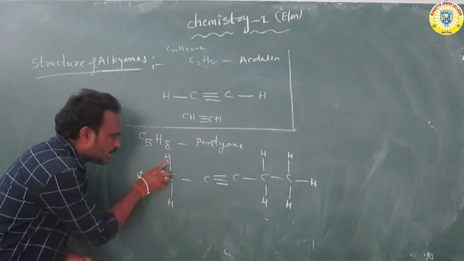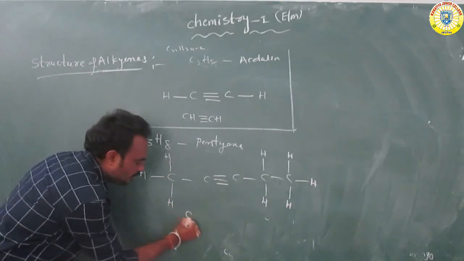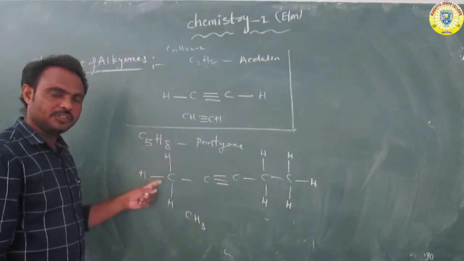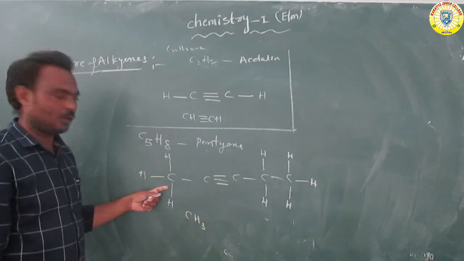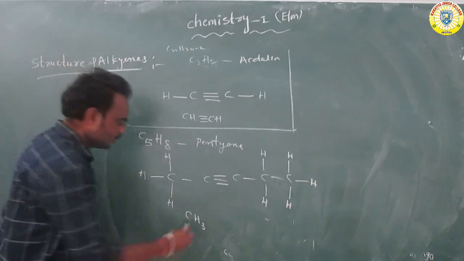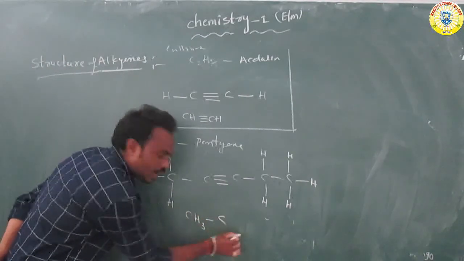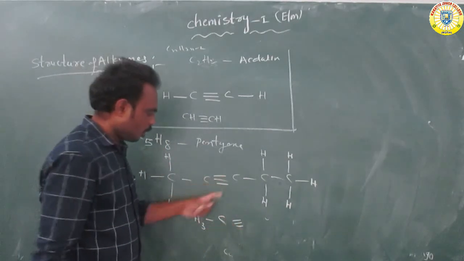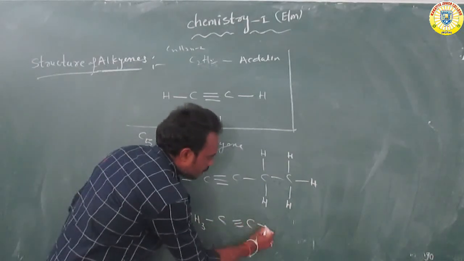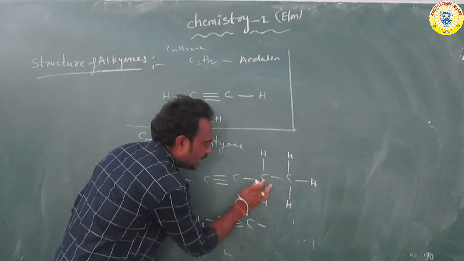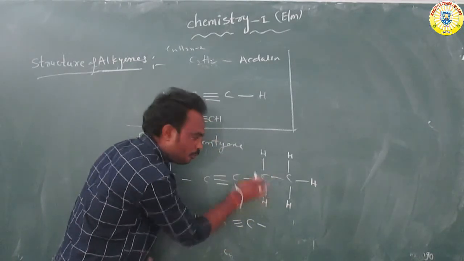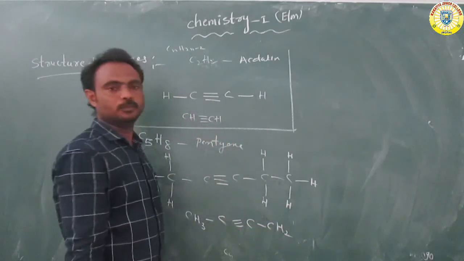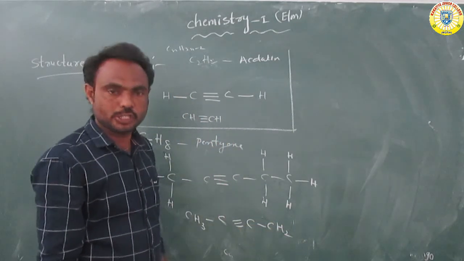Suppose carbon attached with 3 hydrogens, we write CH3. Carbon attached with how many hydrogens? 3 hydrogens, we write CH3. Then carbon, triple bond, carbon, bond, carbon attached with 2 hydrogens, so we write CH2.